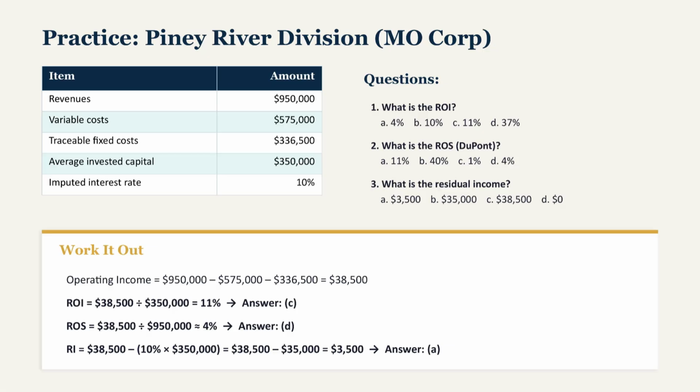Dividing that by invested capital yields an ROI of 11%. Return on sales is $38,500 divided by $950,000, about 4%. Residual income is $38,500 minus 10% of $350,000, or $3,500.